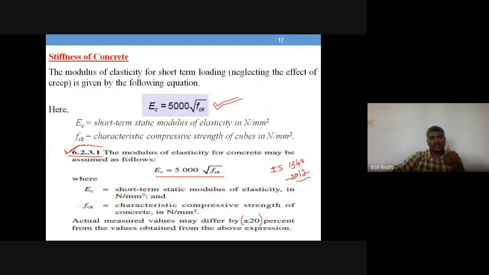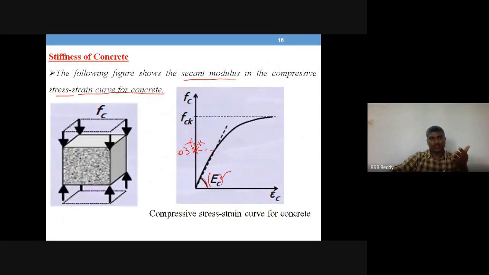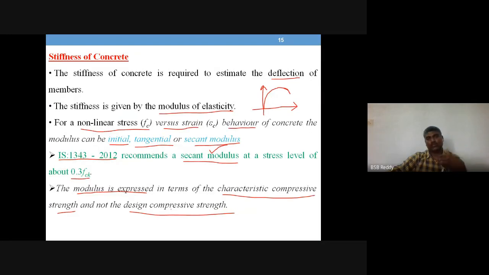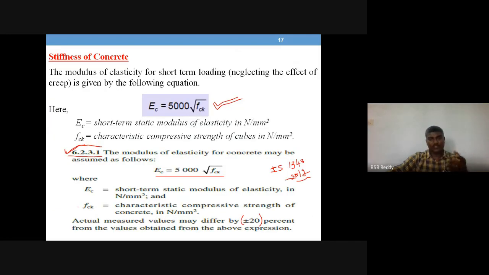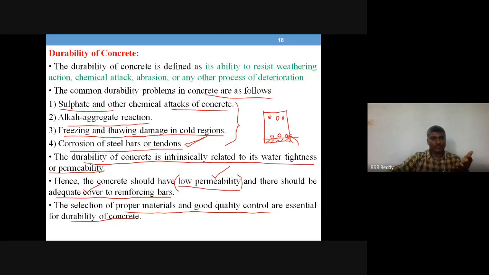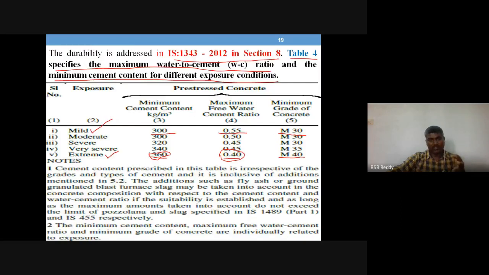Stiffness is to take care of the stiffness property of concrete. We have studied the stiffness property in terms of secant modulus, and now the durability. What factors will affect the durability of concrete? How to control them?